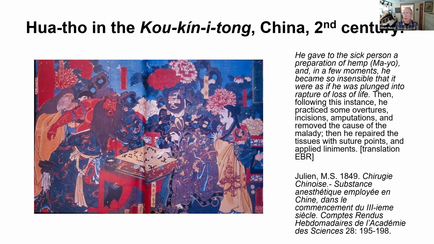Then, following this, he practiced some overtures, incisions, amputations, and removed the cause of the malady. He then repaired the tissue with suture points and applied liniments. Reportedly, the patient survived this. We have no record of who won the game of Go.